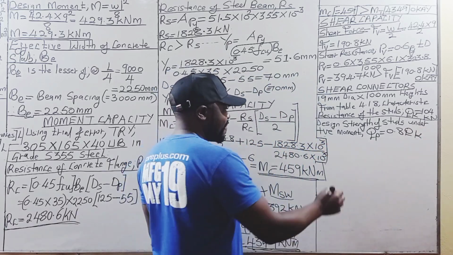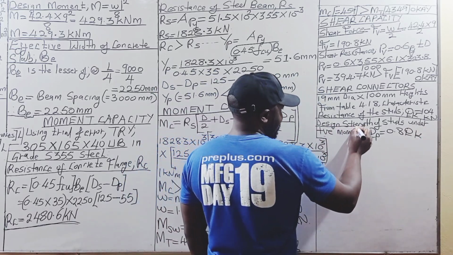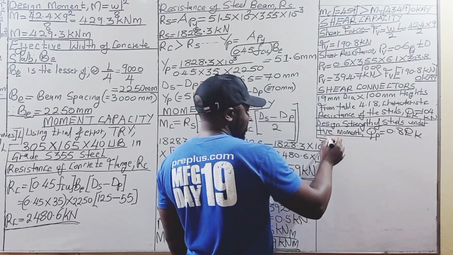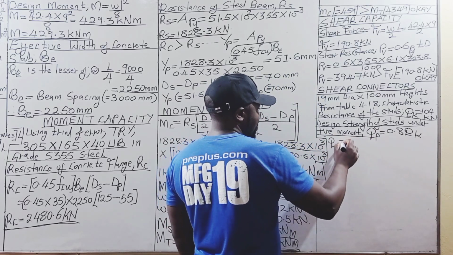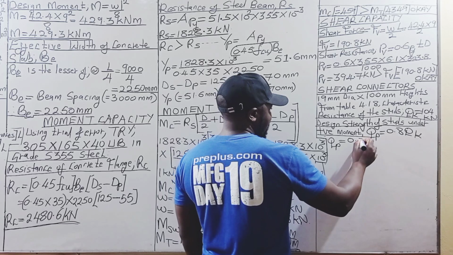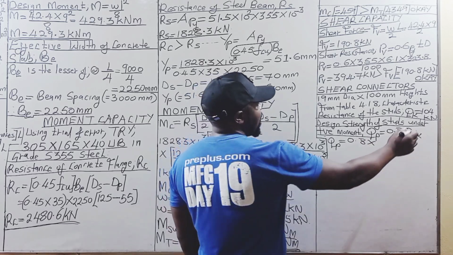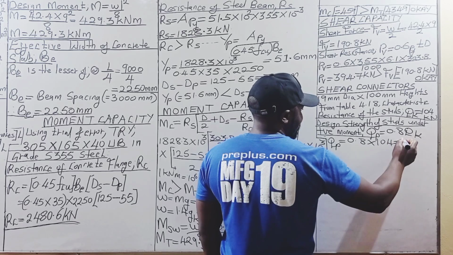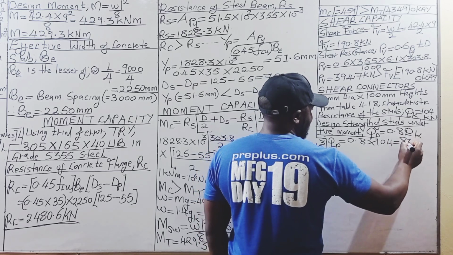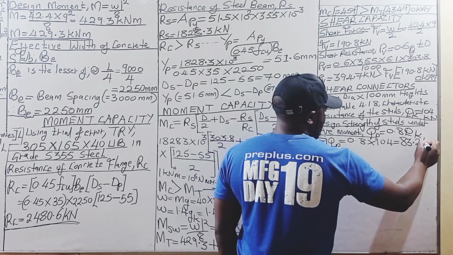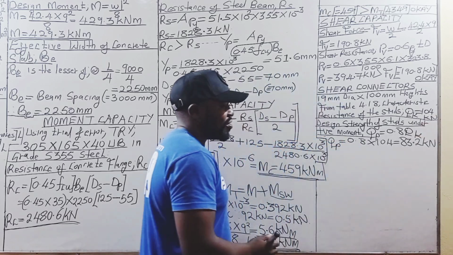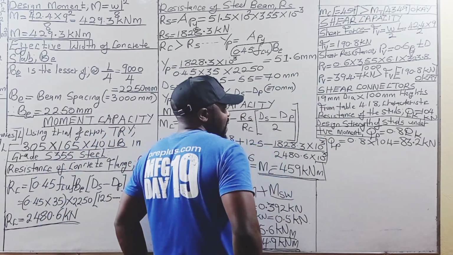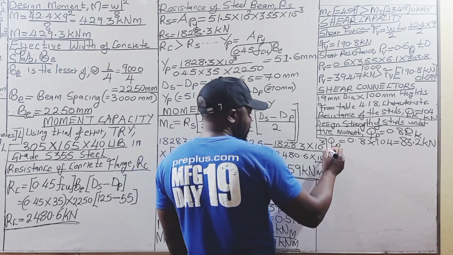Therefore, design strength of the studs in a positive moment QP will be equal to 0.8 times QK, which is 104 kilonewtons, which is actually 83.2 kilonewtons.